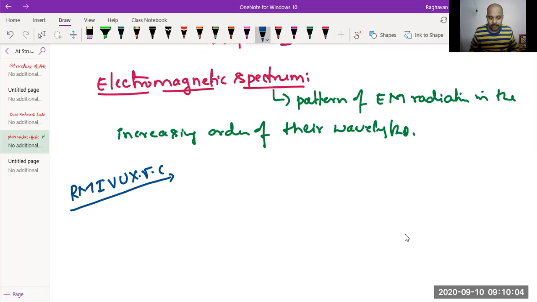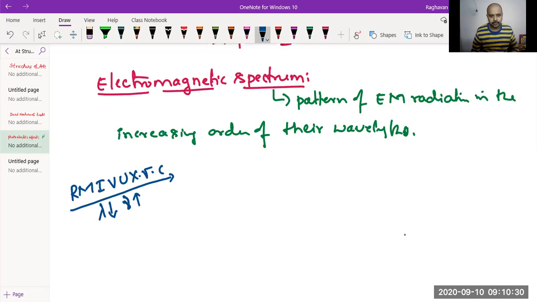R for radio waves, M for microwaves, I for infrared, V for visible, U for ultraviolet, X-rays, gamma rays, cosmic rays. But this is in the decreasing order of wavelength. From radio waves to cosmic rays, wavelength decreases. If wavelength decreases, frequency increases because they are inversely proportional. Okay, so you can write now.